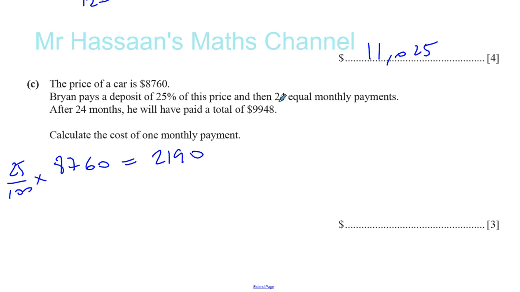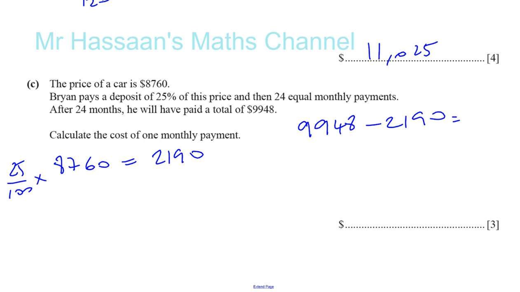And then he pays 24 equal monthly payments. After 24 months, he will have paid the total, so his total is this much. He's got his deposit, so 9,948 minus his deposit, which is 2,190, will tell you how much he actually has to pay.